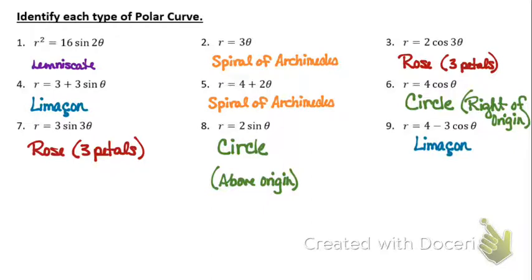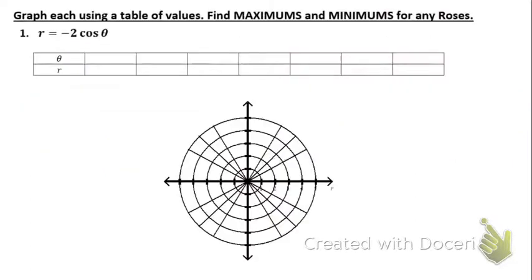All right. So now that we've practiced identifying these, I want to practice doing some graphs. We need to know what kind of graph we're going to be making so that I know what the period is, so I know how far out to make my table. So if you flip over to the back side, number 1, r equals -2 cosine theta. What kind of shape? This is a circle.